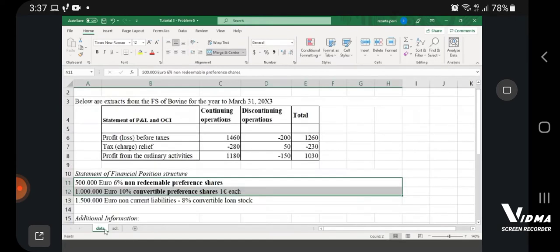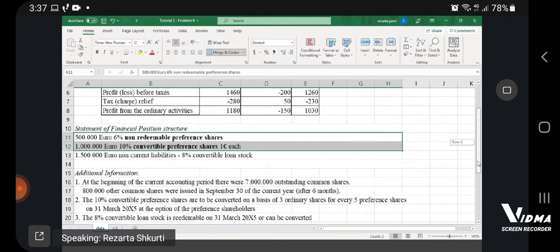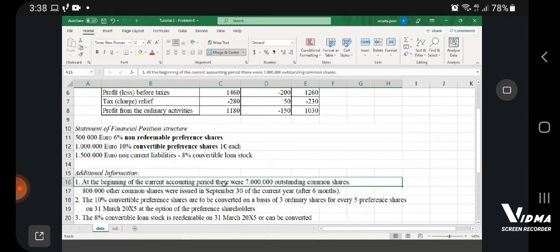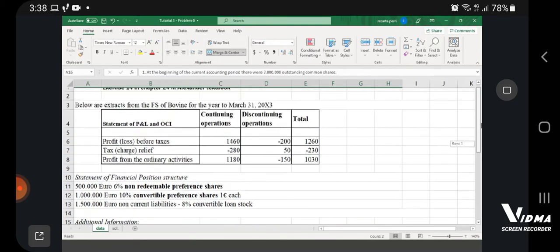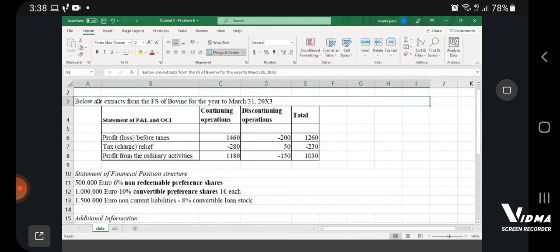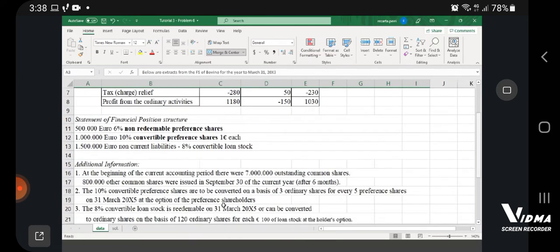Let's have a look over here, please, and remind ourselves what we are talking about. At the beginning of the current period, there were 7 million. So we start with 7 million, and on September 30, we issue 800,000 other common shares. Now we counted the months. If the financial year is ending on March 31st, September 30 belongs 6 months after that.